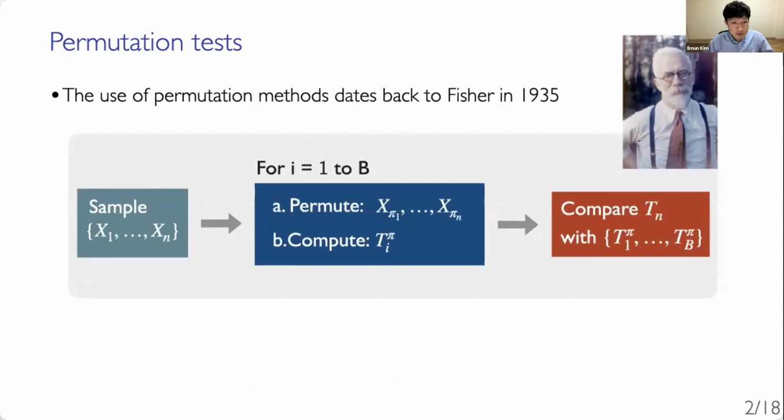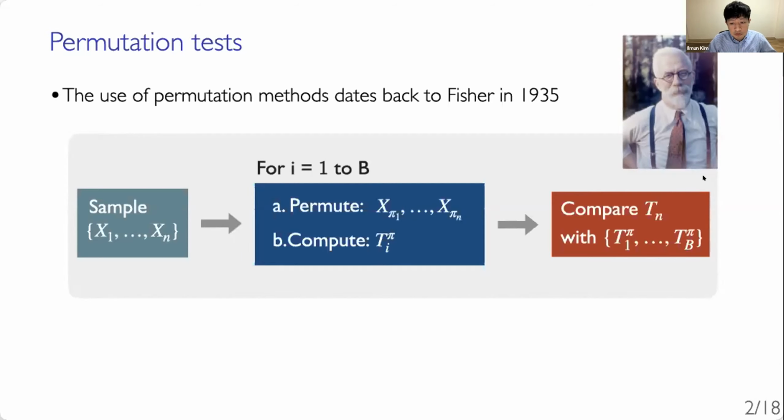So suppose we have n observations, x1 through xn, and given these samples, the permutation procedure relies on the following iterations, where in the first step, we randomly permute the class labels of the data. And then in the second step, we compute the test statistic based on the permuted data. Okay, and then we repeat this procedure multiple times, which results in a set of permuted test statistics denoted by T1 pi up to TB pi.